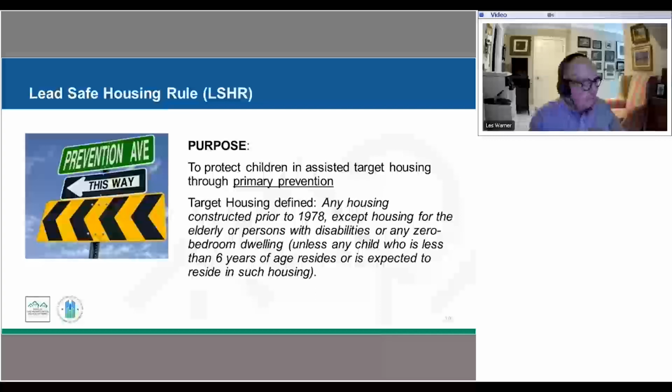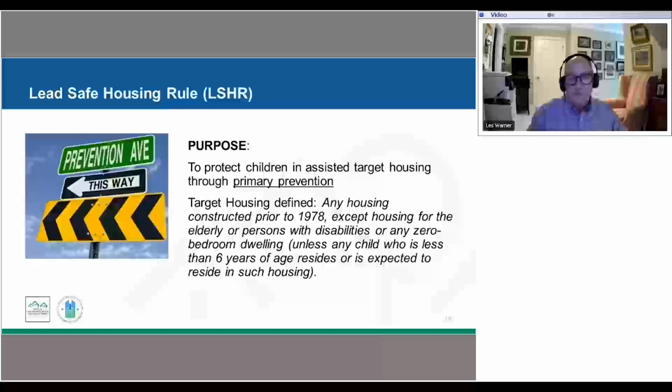And the key point to keep in mind here is when we talk about elderly housing, it's not that you have a unit that is occupied by an elderly household. When we talk elderly housing, this is a unit that is specifically set aside and restricted in occupancy for elderly or persons with disabilities.